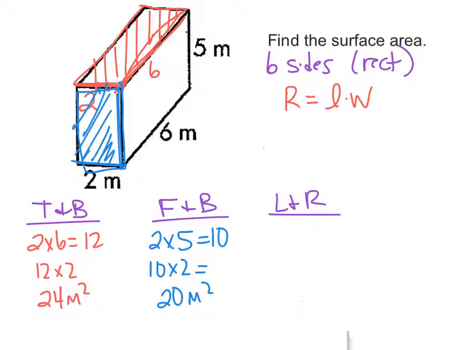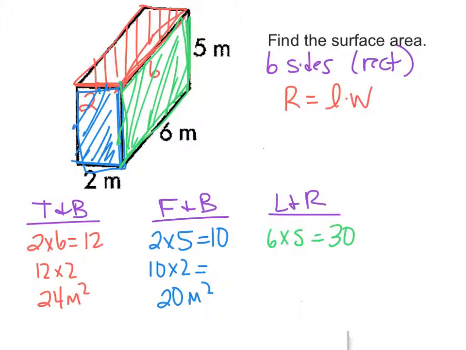All right, and left and right. So if I trace the right side here, again, the formula is length times width, which the length would be 6, times the width here is 5. 6 times 5 is 30, and so this area is 30. So to get both the left and the right, I have to do 30 times 2, which gives me 60 meters squared.